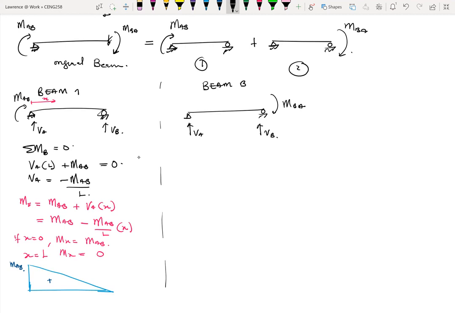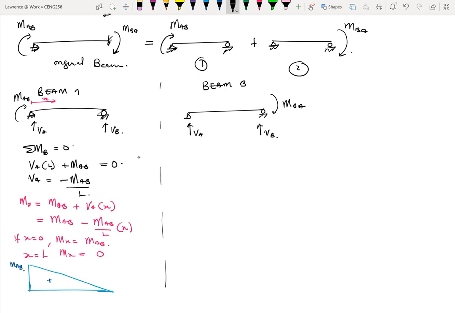All right, so for B1, I said let's do summation of moment about point B to be equal to 0. Then I wrote an equation in terms of that, okay, if B is our point of interest, then the summation of moment at B will simply be VA times L plus the point moment, okay?